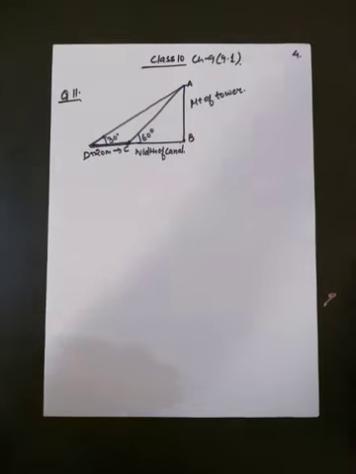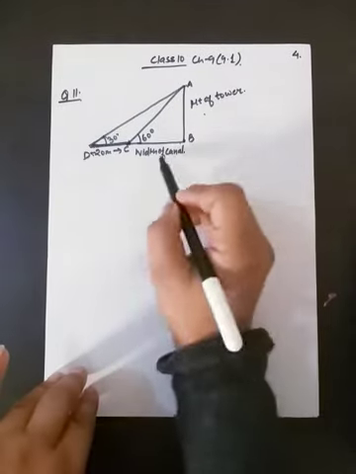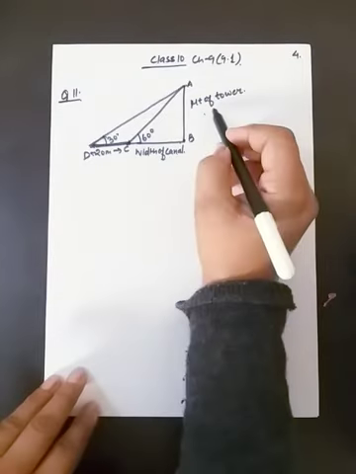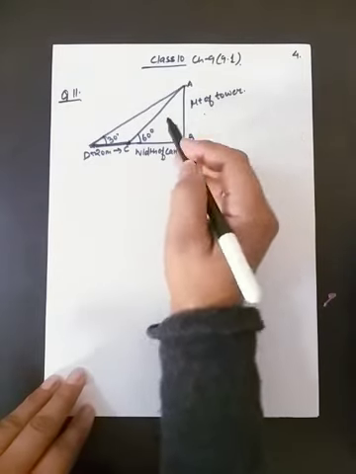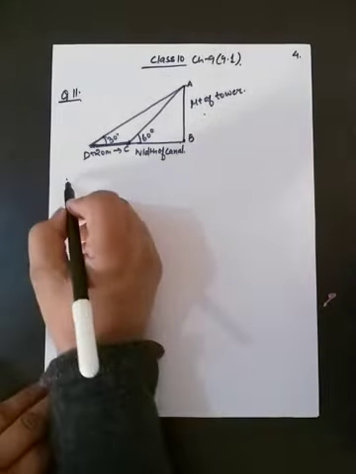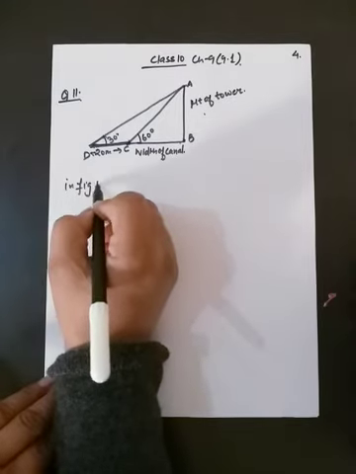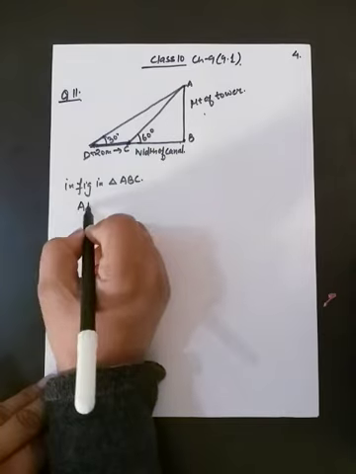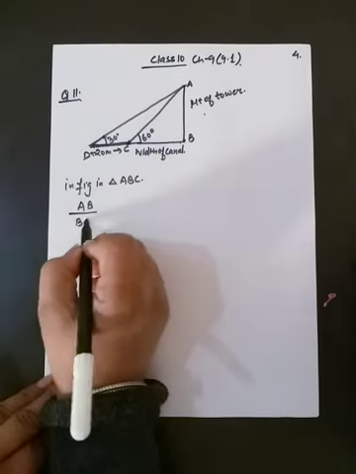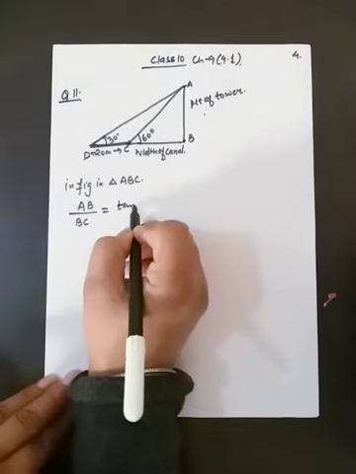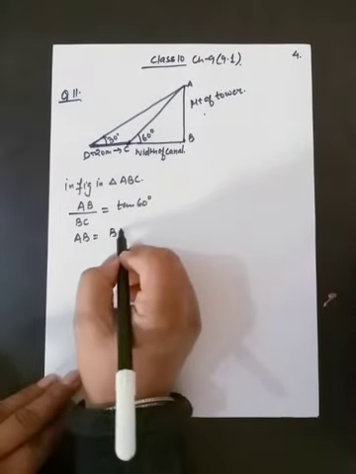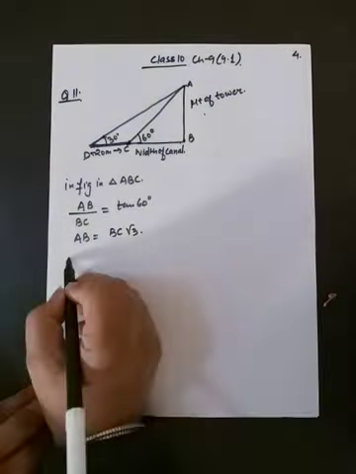So this is our figure, and we have to find the height of the tower and the width of the canal, meaning we have to find the width of the canal BC and find AB. Again two right angles are there in the figure. In triangle ABC we can take tangent 60 degree, and AB is equal to BC root 3.